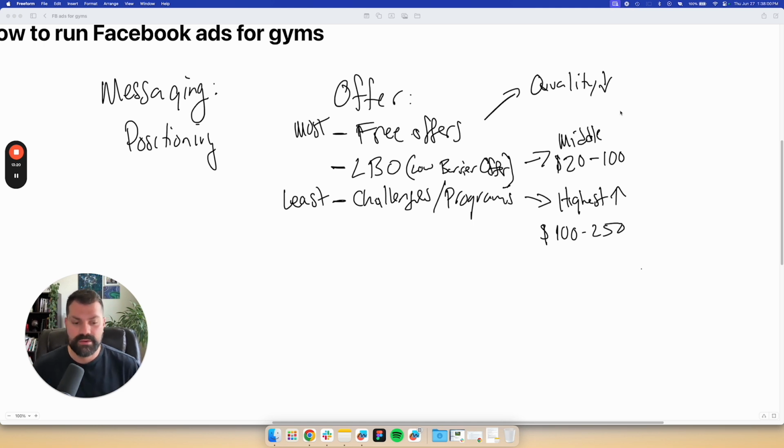Okay. Now, here's the thing. Just because you get the most leads, or the most opt-ins, or the most people to give you their name, phone number, and email address in an ad with a free offer, it doesn't mean a lot of those people are going to convert to membership. And at the end of the day, that's what we want, right?